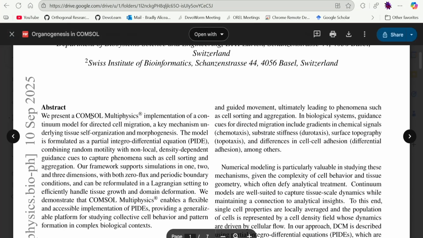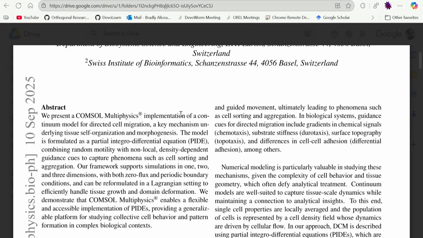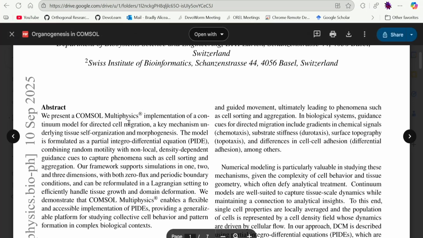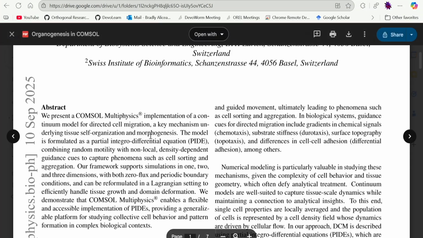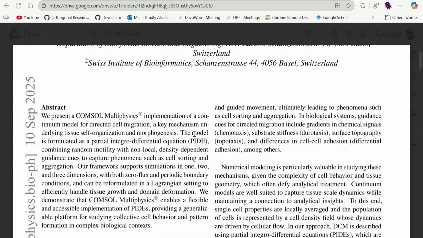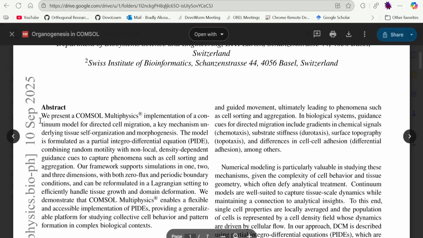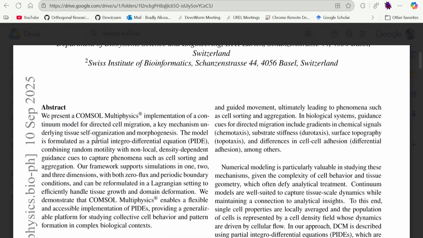The abstract reads, we present a COMSOL Multiphysics implementation of a continuum model for directed cell migration, a key mechanism underlying tissue self-organization and morphogenesis. Yes, it's a continuum model, not a tensegrity model. The model is formulated as a partial integral differential equation, or PIDE, combining random motility with non-local density-dependent guidance cues to capture phenomena such as cell sorting and aggregation.